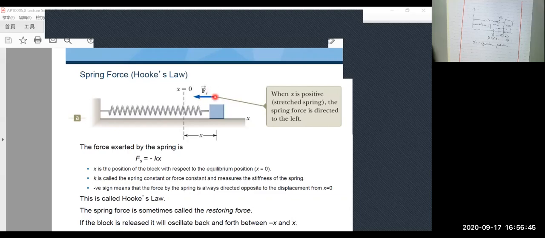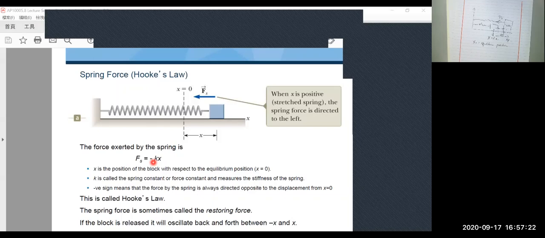If the displacement is along the positive x direction, the force points in the negative x direction. So that is why we have the equation here: spring force equals minus kx. x is the extension from the equilibrium point, and k is what we call the spring constant.